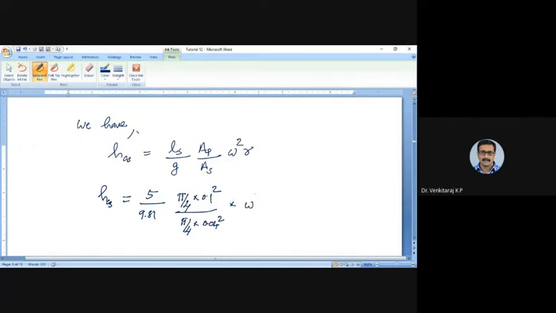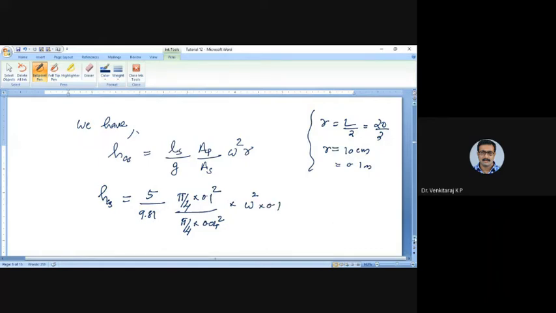Omega is not given, so omega square into R. R is L by 2. Stroke length is 50 centimeter, so it is 20 by 2, 10 centimeter. R equal to 10 centimeter or 0.1 meter.